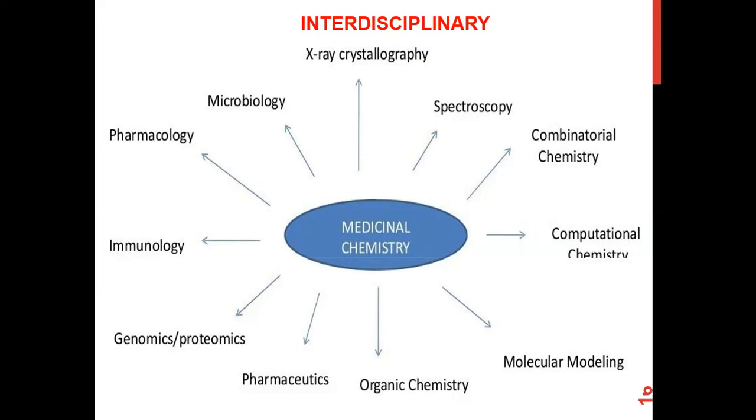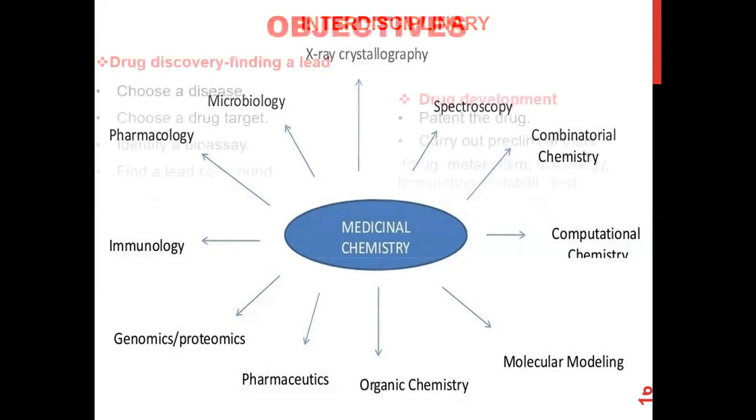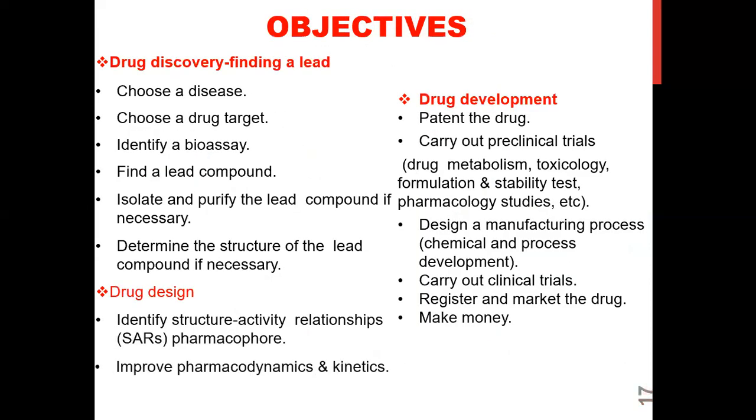We need to understand spectroscopic approaches, the CAD approaches, combinatorial chemistry, the computational aspect, and molecular docking, of course with the basics of organic chemistry, which then, along with pharmacology, immunology, and genomics, goes on to the discovery.